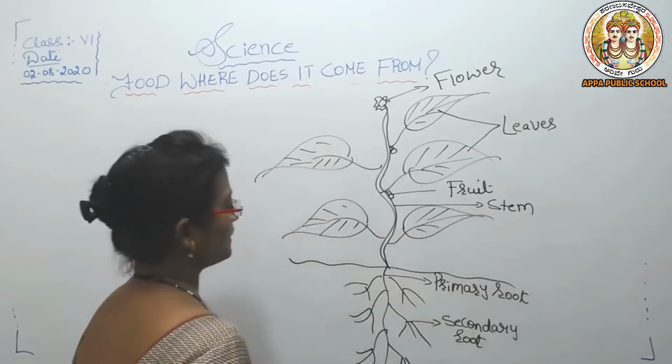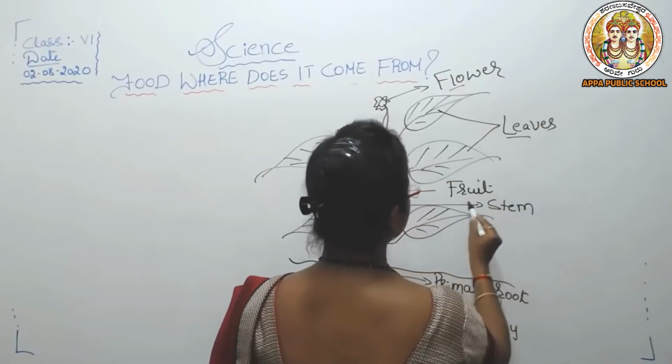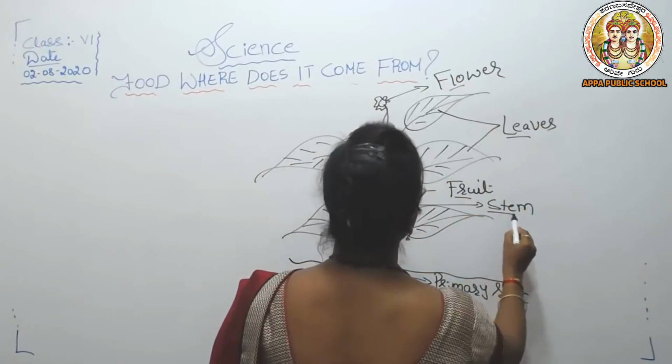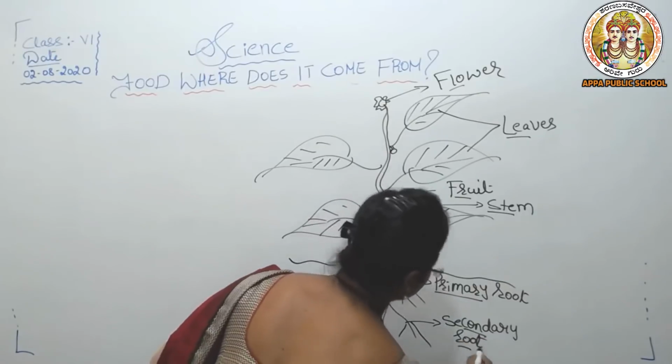So these are the parts of a plant. First, flower, leaves, fruit, stem, and here primary root and secondary root.